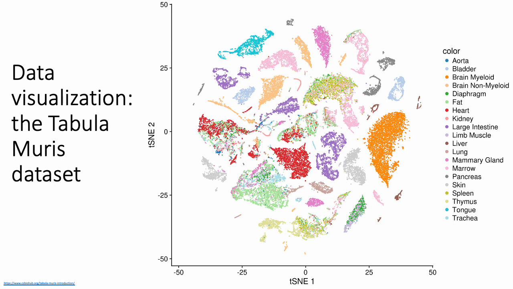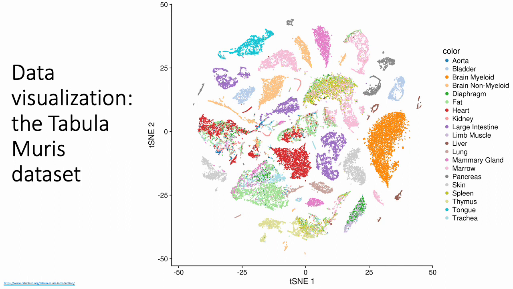Other common software includes things like UMAP. These methods tend to do a better job visualizing data compared to PCA because they're nonlinear dimensionality reduction techniques. But they're less interpretable in the sense that we don't actually know what these individual axes mean.